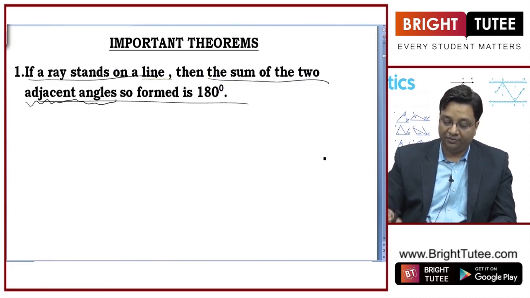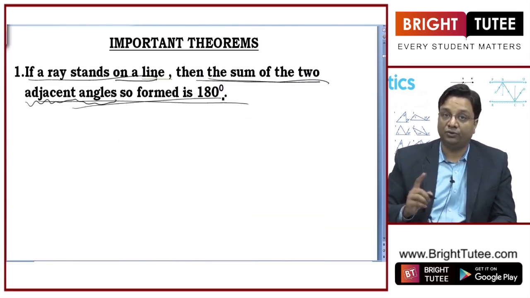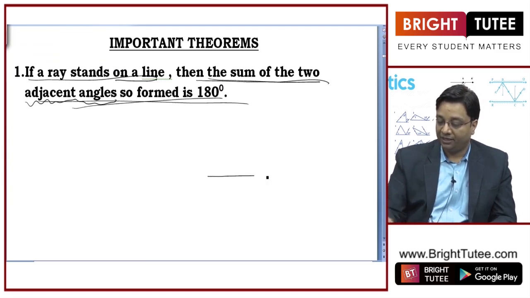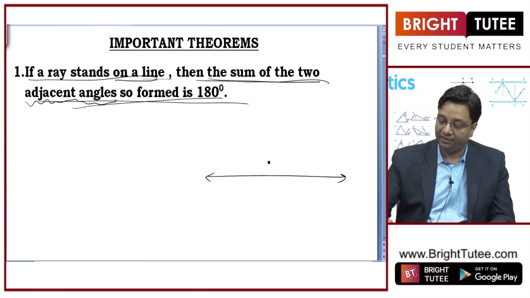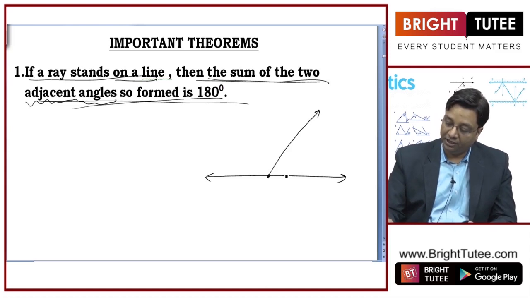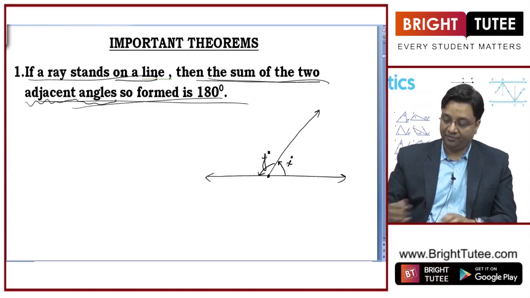Now, if a ray stands on a line, then the sum of two adjacent angles so formed is 180 degrees. Let us say this is a line and a ray stands on the line. So this is the ray, and the adjacent angles are this one and this one. Let's name them x and y.